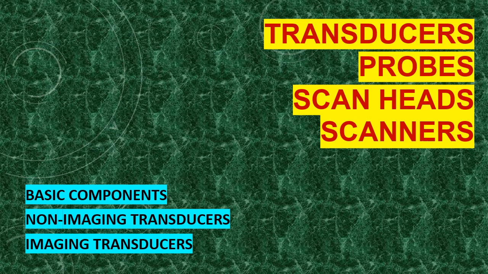Another lecture in the series on transducers, ultrasound transducers, also known as probes, scan heads, or scanners. This series discusses the basic components of the transducers, the non-imaging transducers, and imaging transducers.